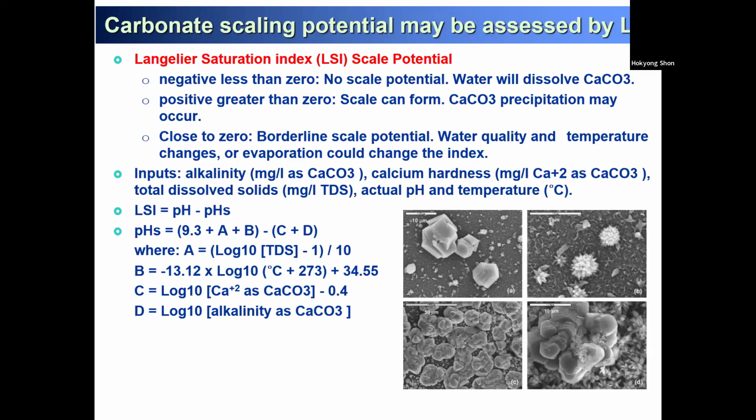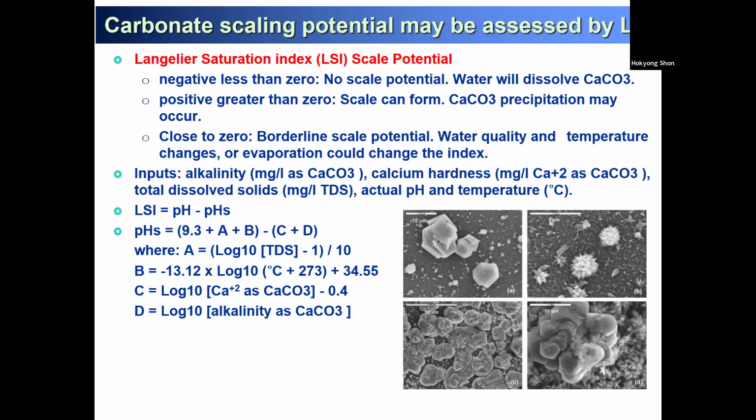So we have to see carefully the fouling potential. When you concentrate more salt in your desalination process, you have a higher value of the LSI, which means more fouling potential.